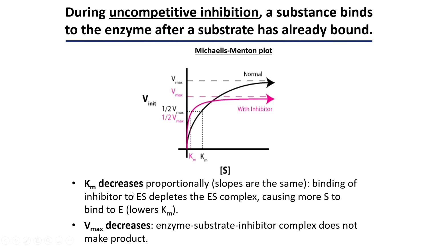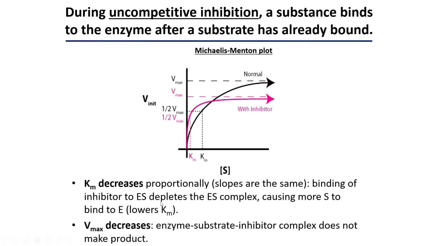The binding of the inhibitor will cause more enzyme to bind to substrate, and less enzyme is able to get recycled, right? You can't go from enzyme-substrate to product, and then that enzyme is not able to bind another substrate. So it looks as though enzyme binds its substrate so tightly that it can't actually make a product. And so affinity increases, Km decreases.